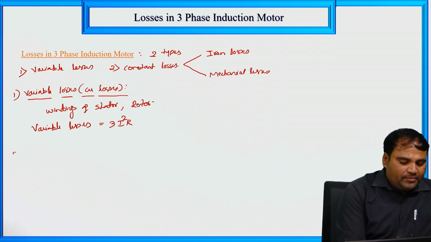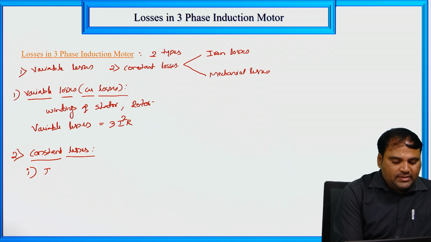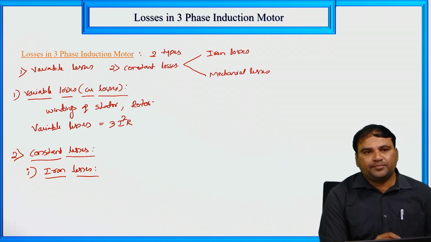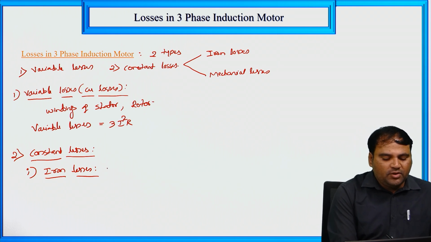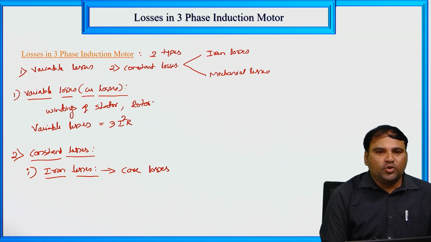And the second type is the constant losses, which are classified into two types. The first one is iron losses. The iron losses we can also call core losses. Iron losses are nothing but the losses which occur at the core of the stator and the core of the rotor.